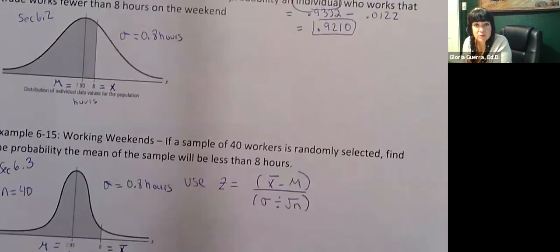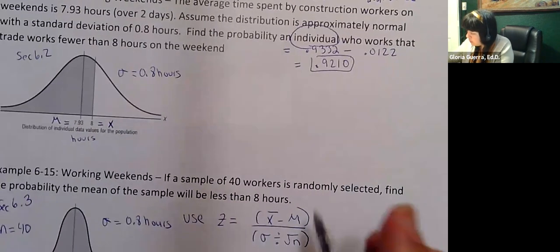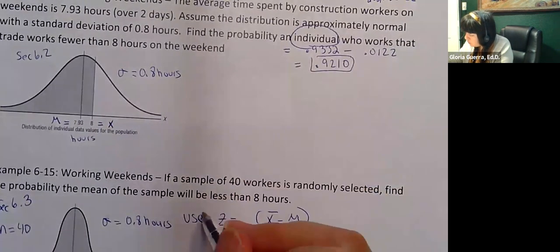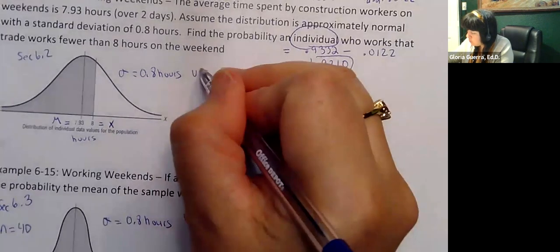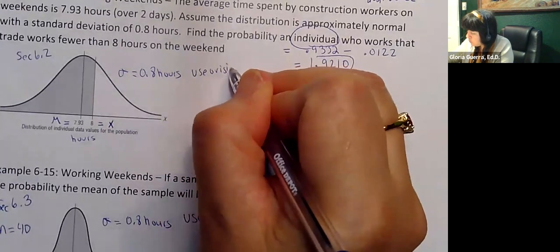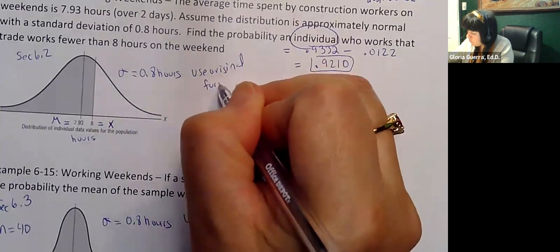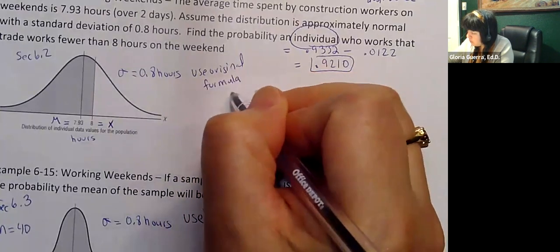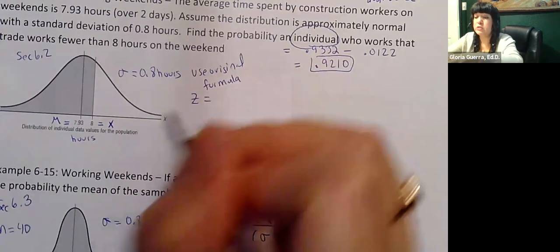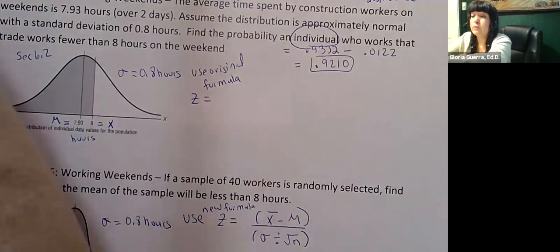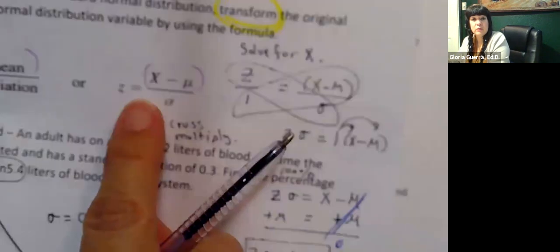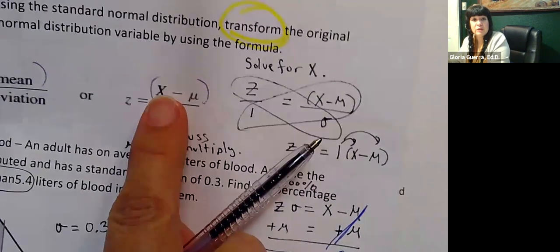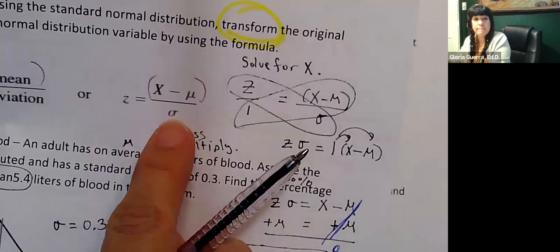But over here on top, for this one, here we have to use the new formula, where here we use the original formula, and that would be the one from section 6.2. That would be this one, remember? Z is equal to x minus mu divided by sigma.